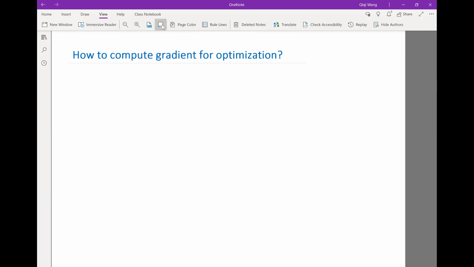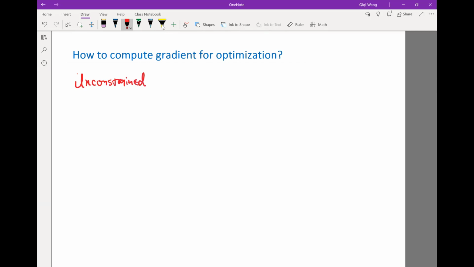Essentially, we have looked at unconstrained optimization, which requires the gradient of J, and at least some approximation of the second derivative, also called the Hessian.